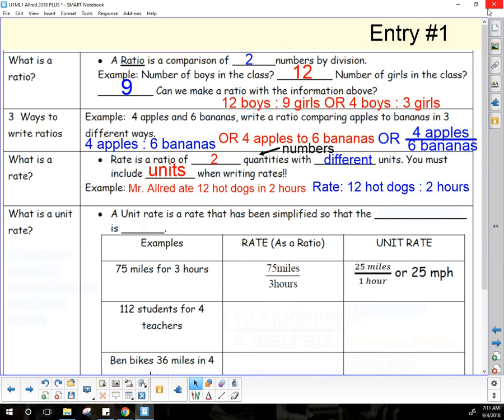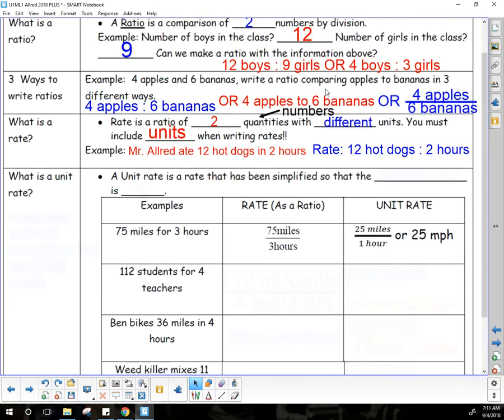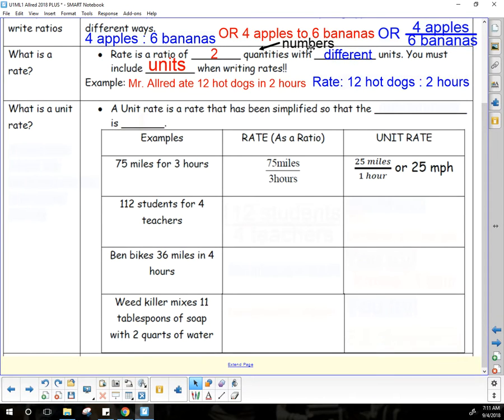Using units makes it very specific and easier to understand. If I just said 12 hot dogs for 2, you wouldn't know what I was talking about. So it's important that we always write our units down. Math teachers haven't just told you that forever just so that you would do it. We've told you that because it makes sense and it helps us understand things easier.